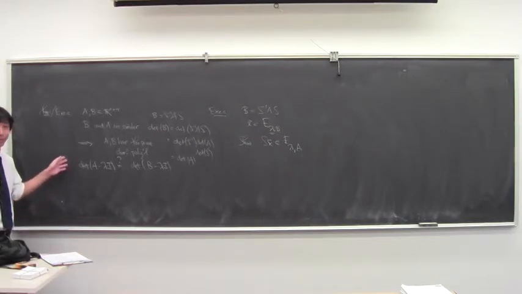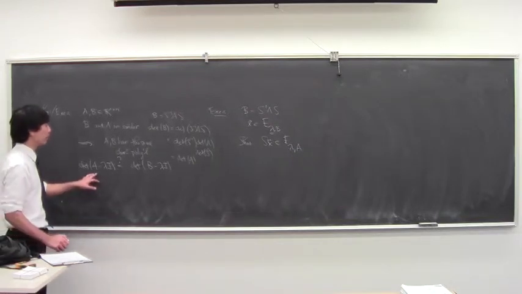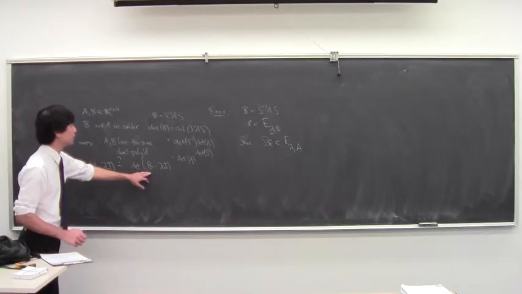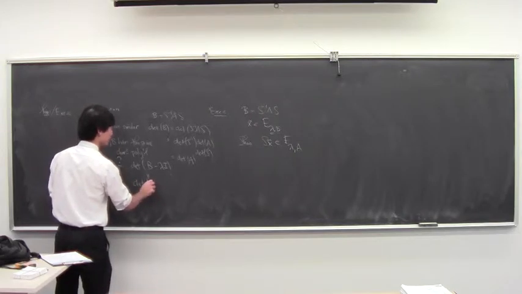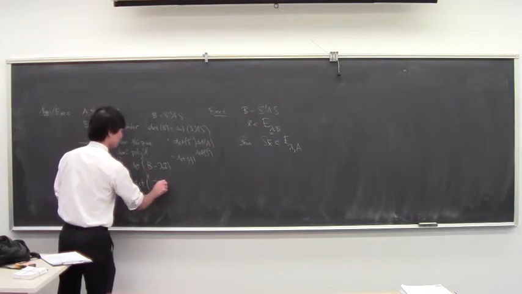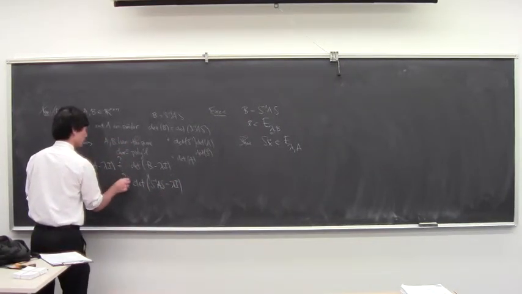Does anyone remember, or can you see how it goes? You know that B is S inverse AS, so let's just do some messing around here. S inverse AS minus... So that's one change.